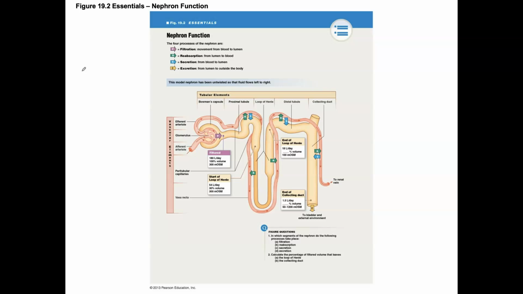The kidneys have to balance the intake and the excretion, so they have to obey the mass balance principles of homeostasis. The general functions of the kidneys include, number one, regulating extracellular fluid volume and pressure, making sure that we regulate the volume and blood pressure within the extracellular fluid.